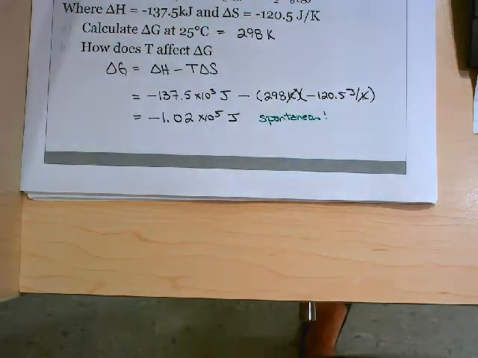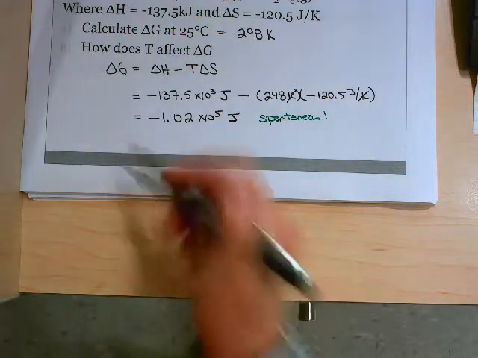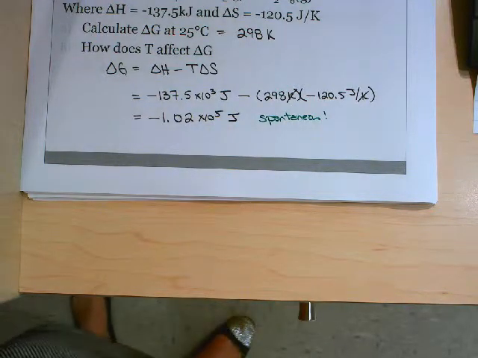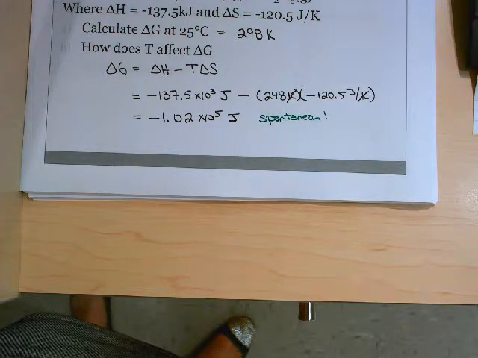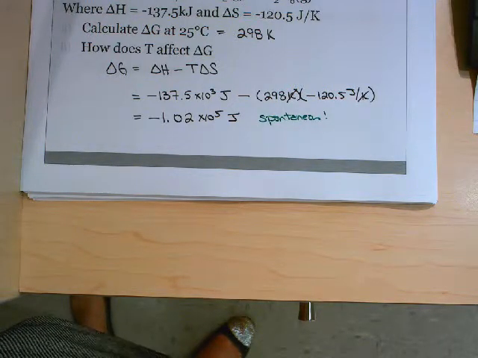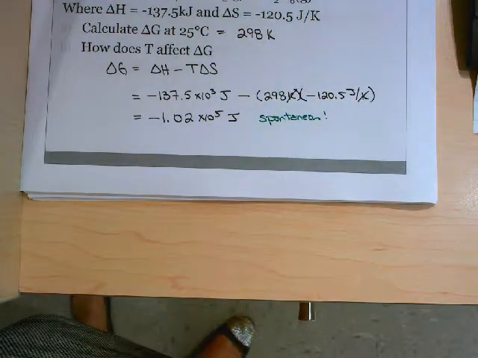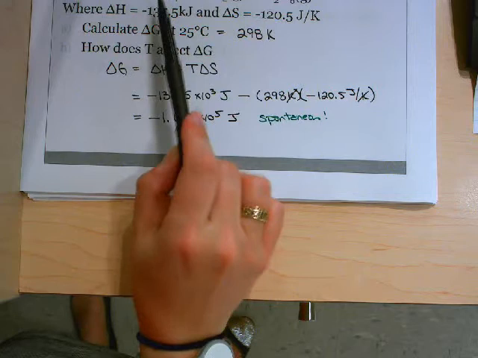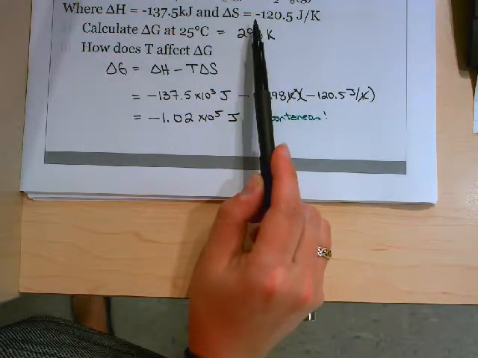Alright, so if this reaction is spontaneous, let's talk about how the temperature affects it. That only affects the delta S. So going from 2 moles to 1 mole is why this delta S is negative.